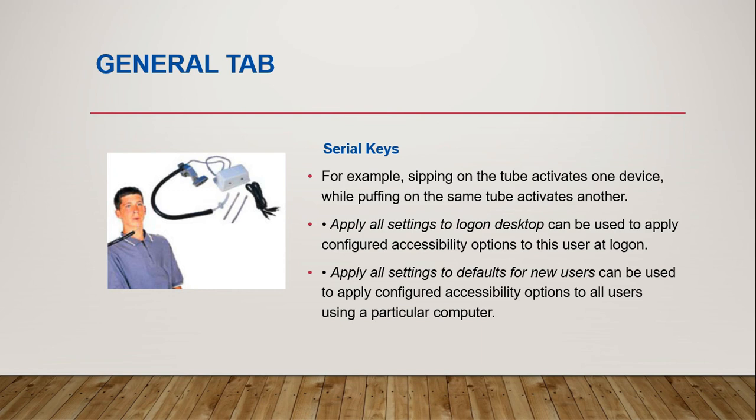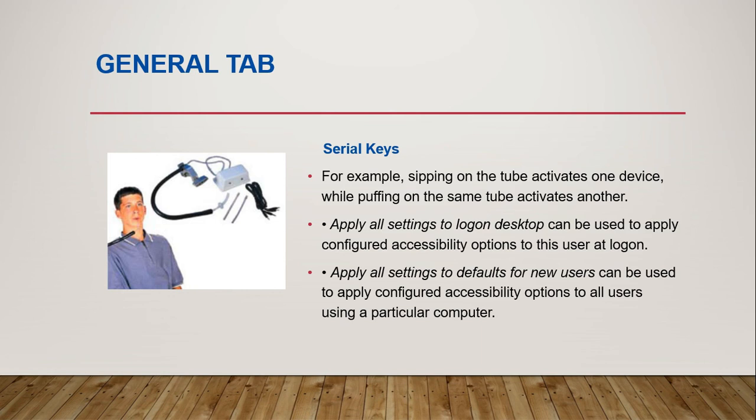You can find a few online videos on YouTube about Stephen Hawking, related to how he communicated. Serial keys means, as it is said here, sipping on the tube activates one device, while puffing on the same tube activates another.